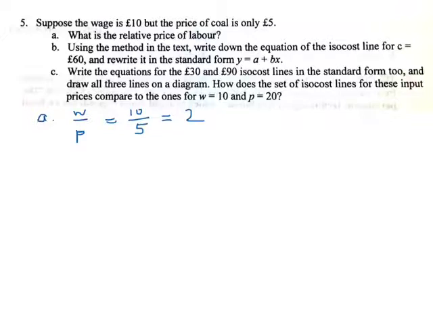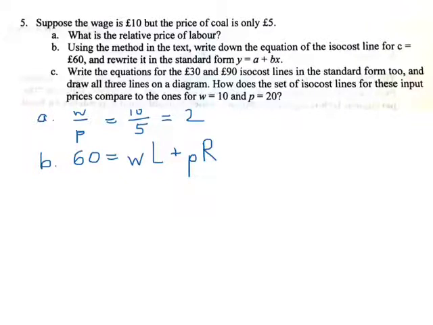And then, using the method in the text, write down the equation of the isocost line for cost equal to 60 pounds. Remember, we did this one in class. Maybe we did it for different numbers, but the technique is the same. So if costs are pinned at 60, that means that the sum of the wage bill, which is the wage rate times the quantity of labor being hired, plus the coal bill, that's the price of coal times the quantity of coal used, has to equal 60.